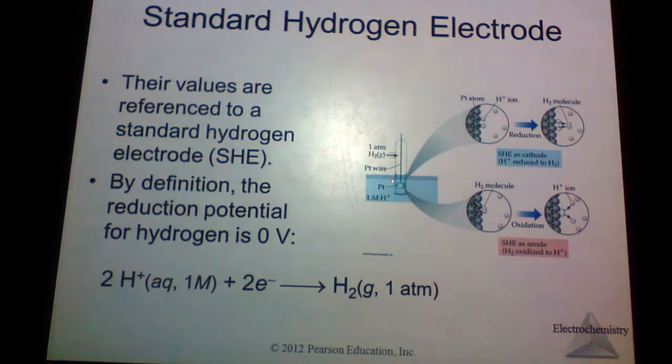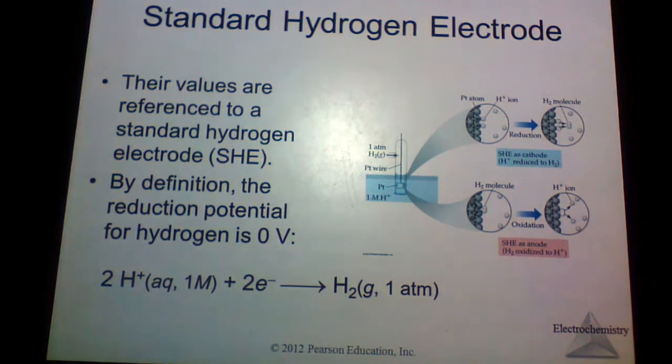All of this is connected in some evacuated tube. I can have a stream of hydrogen gas that's going to come in on this side, and then I'm also going to have some amount of hydrogen ions in a solution entering through this way.